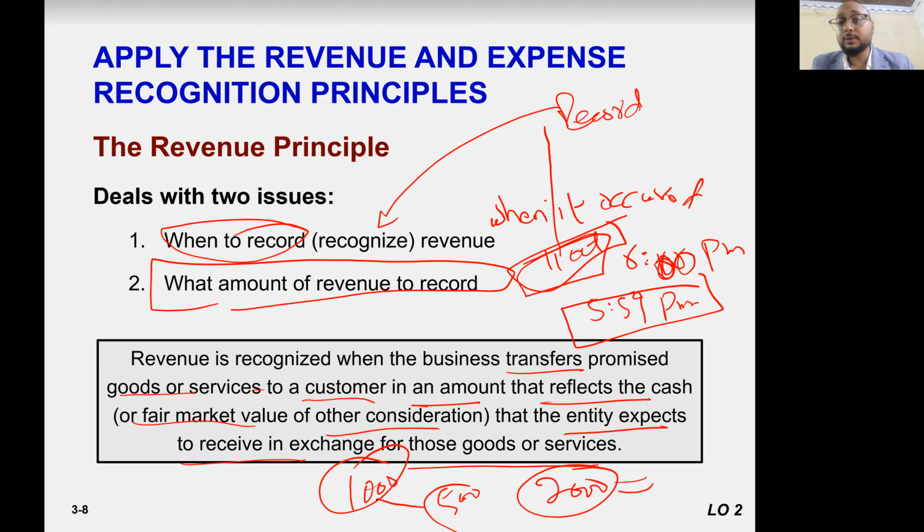If you're selling to others, you will sell for 1,000. You cannot record 500. Record 1,000, which is what you normally get from other customers, because you are just a manager. You are not the company owner. The company is owned by the shareholders, and you are the management. You work for the shareholders, not for your friends and your family.